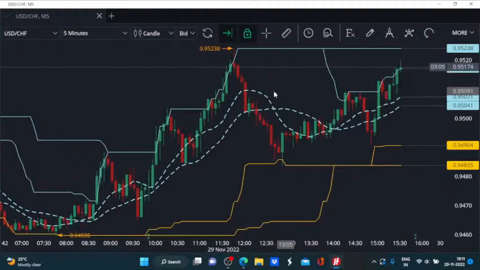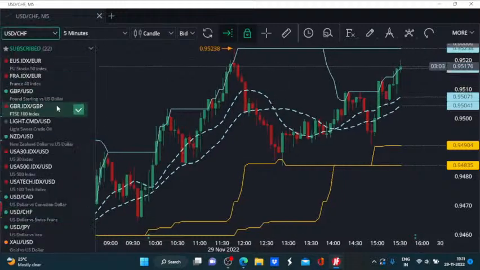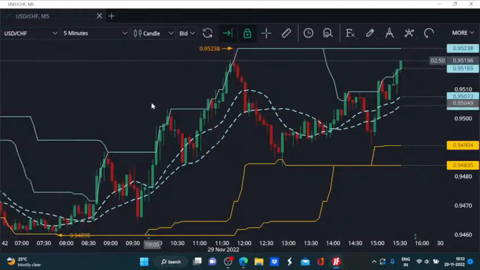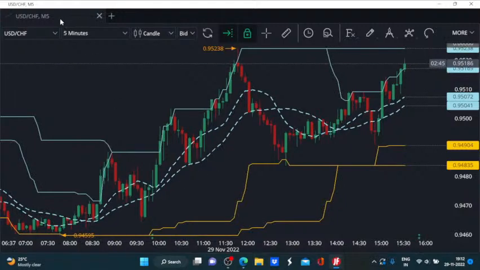The CHF is in a declining phase, whereas the AUD is on the stronger side against the dollar. So it is better to avoid shorting the AUD USD, but you can go short on the CHF and expect the USD to appreciate. And this is what the trajectory is looking like at the moment.